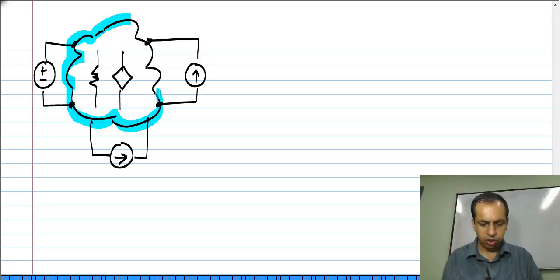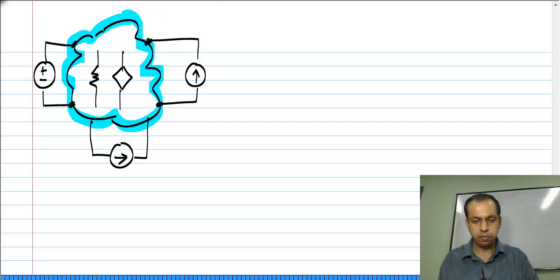Those elements are all linear. Now, we know that these independent sources are not linear. We have discussed this earlier in the first unit, that the VI characteristics of these do not pass through the origin, they do not obey superposition, but what is inside this box? They are resistors and linear controlled sources. So, they are linear.